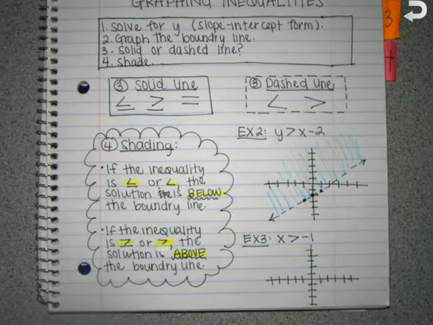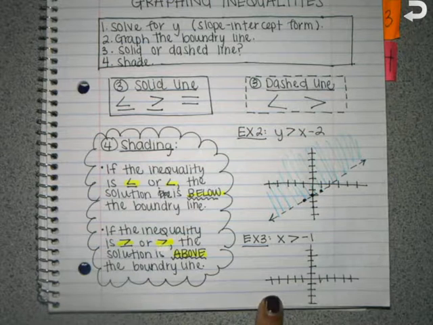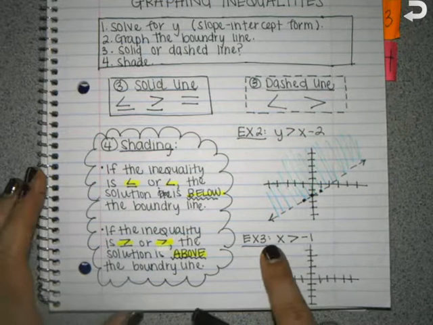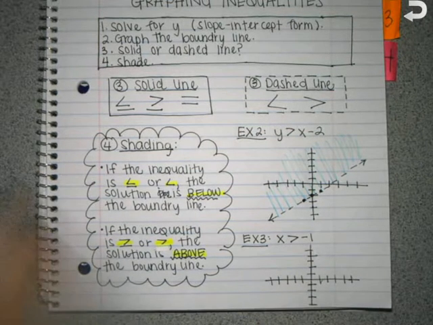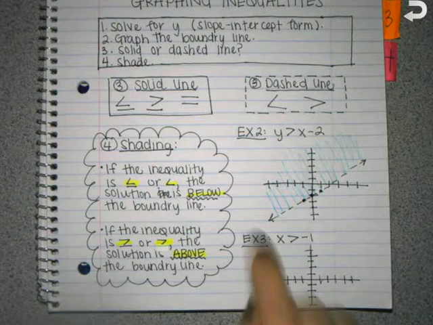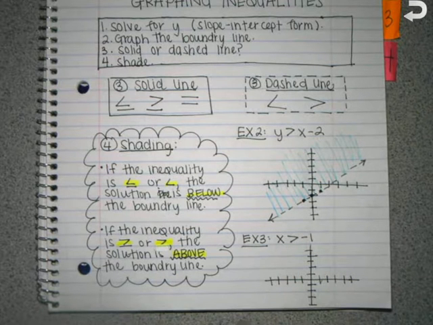Okay? So the only other one I want to do with you guys is to graph one of our special cases. So look at example 3, x greater than negative 1. What is wrong with this inequality? There's no y. So this only has an x, which means it's only going through the x-axis. So is that a vertical line or a horizontal line?